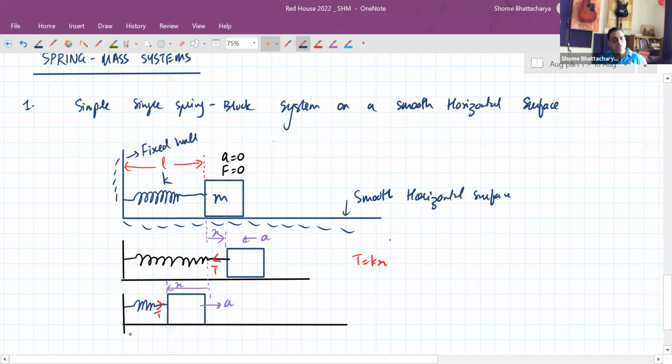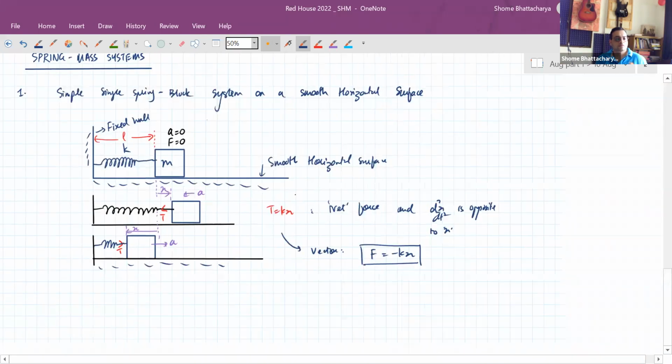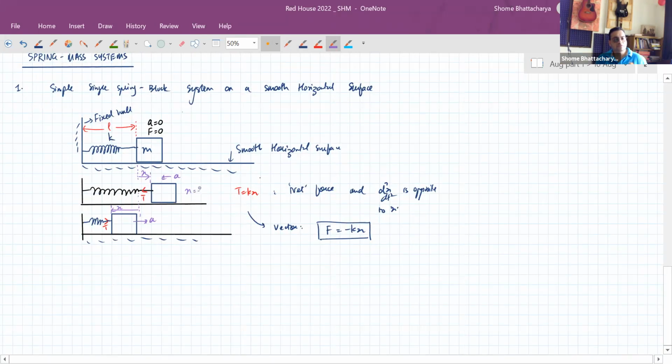Because the surface is frictionless, this tension will be the net force, and d2x by dt square is opposite to x. So as a vector equation, we can write this as F is equal to minus kx. In this example, x is positive, so F is negative. In this example, x is negative, so F is positive.